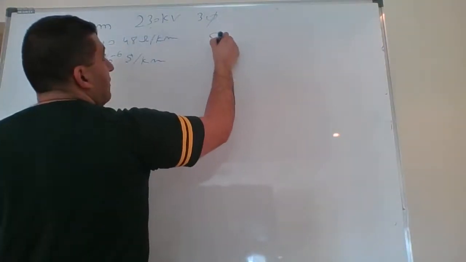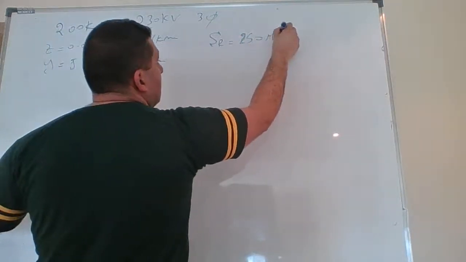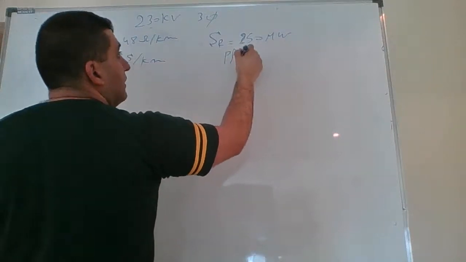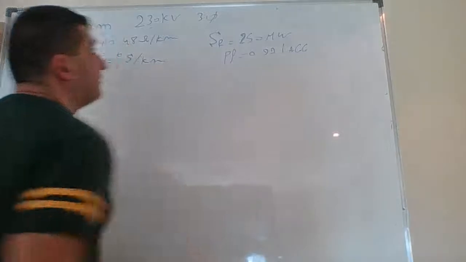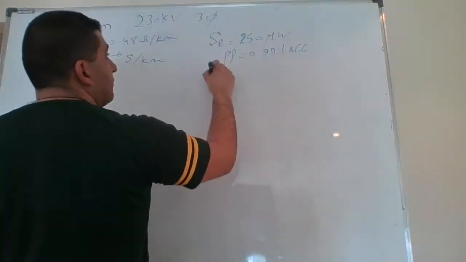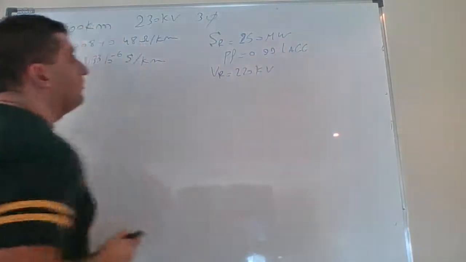The line delivers 250 megawatt, I have an SR of 250 megawatt at power factor equal to 0.99 lagging. The receiving voltage is 220 kilovolt.